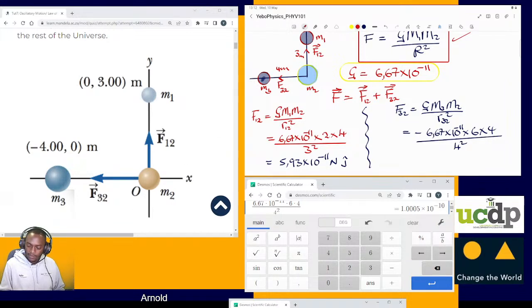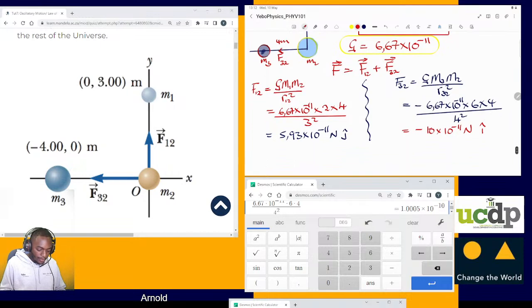Is this right? So that becomes 1 point, which is the same as negative 10 times 10 to the negative 11 newtons, and this is in the I direction.